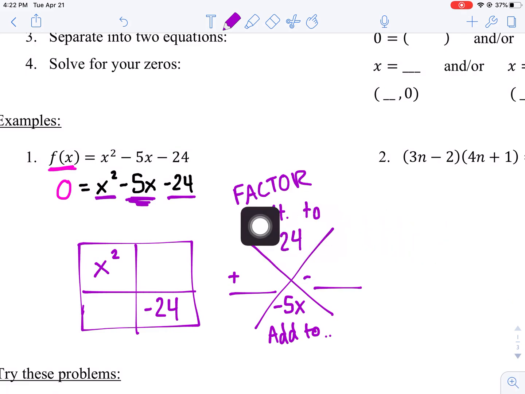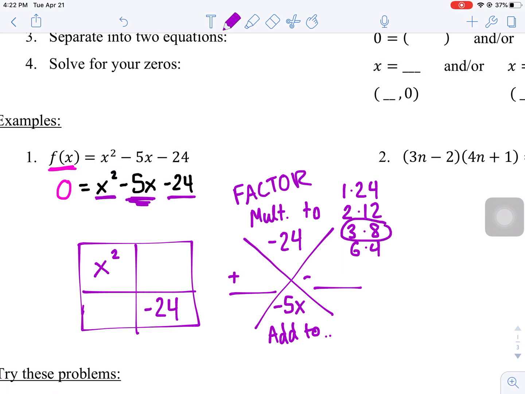So I'm going to list the factors of 24. 1 times 24, 2 times 12, 3 times 8, and 6 times 4. Looking at that list, we need to use 3 and 8.